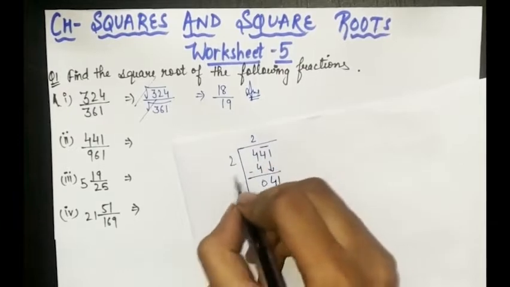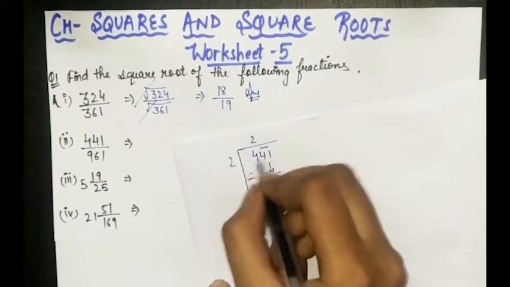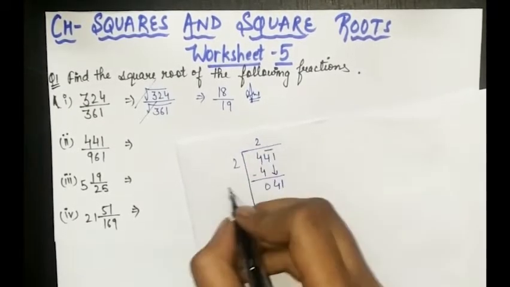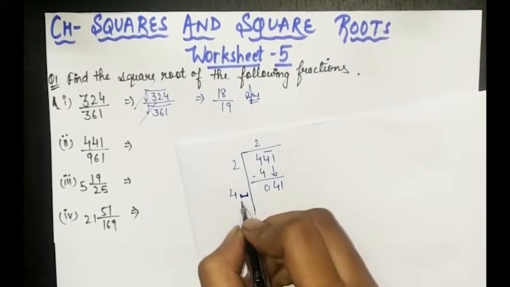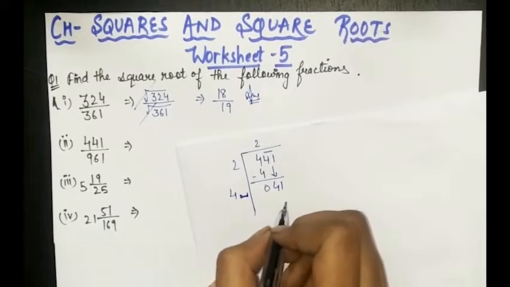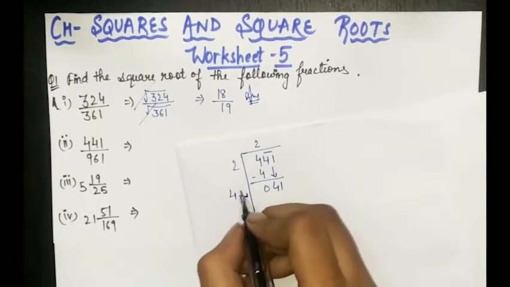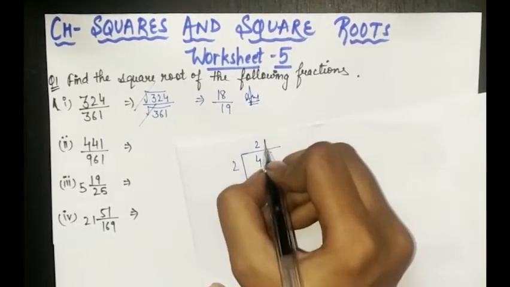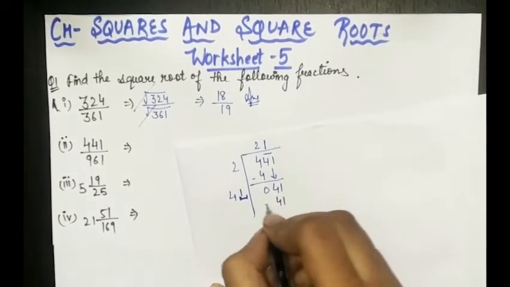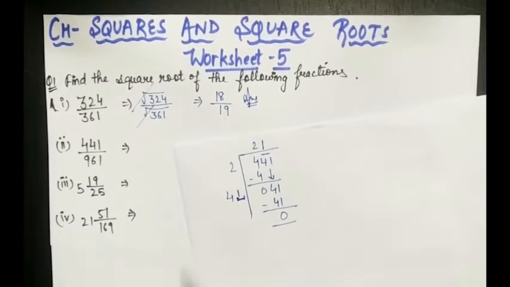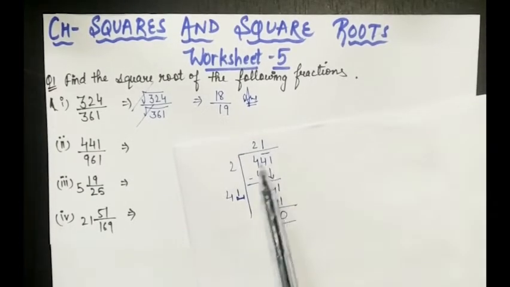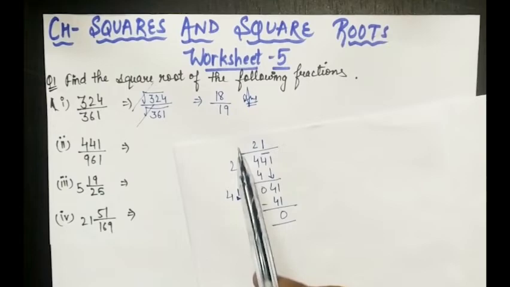Now we have to find the double of this, means 2 into 2, that is 4. Now we want one number that will be completely divisible by this or smaller than this, so that will be 1. So you will be writing 1 here also. So 41, and then 0. By this you have found the square root of 441, that is 21.